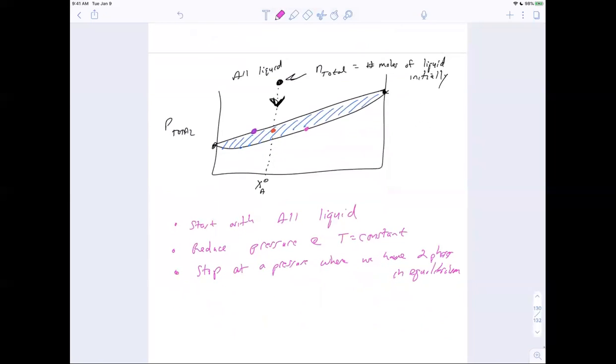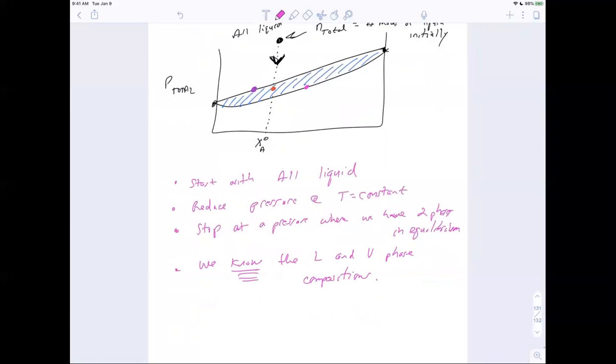And so we have two phases in equilibrium, and we know their compositions. So we know the liquid and vapor phase compositions, because we have the phase diagram right here. So that's not an issue.